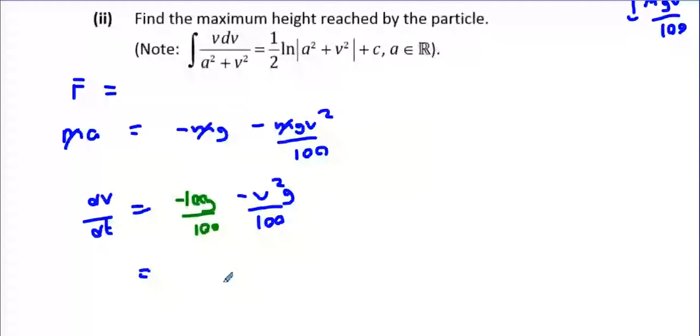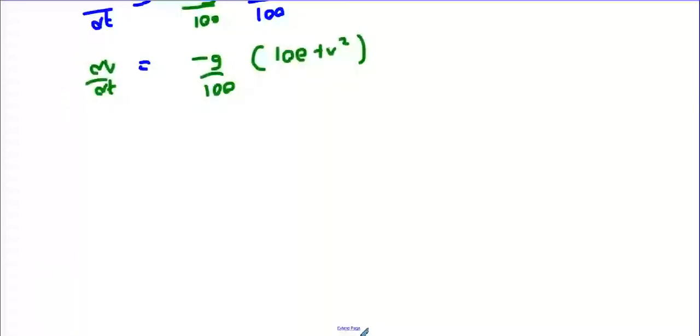So I might be able to do something with this here. What I'm going to do is take out minus g over 100. And what that should leave me with is 100 plus v squared. And that's what the dv/dt is. Next, we can bring down the 100 plus v squared.